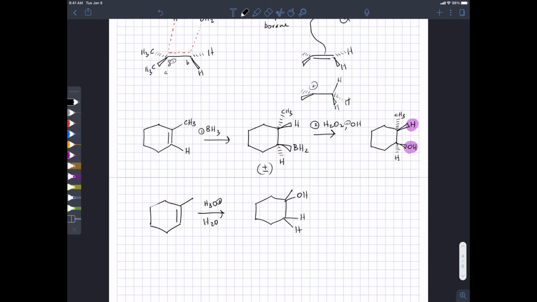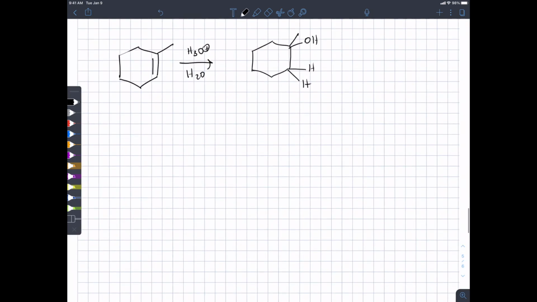What I want to do next time, before we move on completely from chapter 10, is to show you how the principles that we've learned so far can help you see how we would get from a starting material that looks like this to a much more complicated product that looks like this.